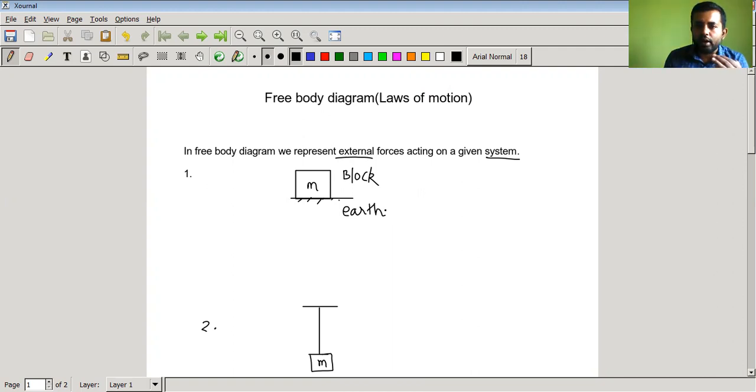You can consider earth to be a system, and you can consider block plus earth to be a system. So there are various ways to go. So let us take the simplest case. Let us consider a block to be the system. Okay. So we are considering block to be our system.